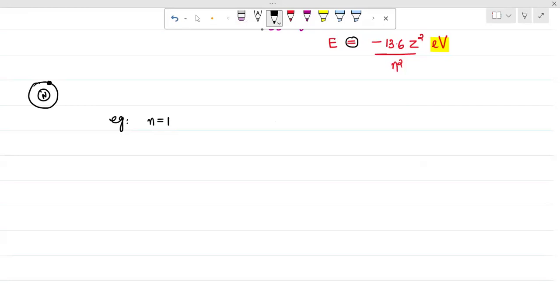So I'm not considering this factor of Z. So I'm writing it as proportional to minus 13.6 divided by n square. So all I know is n square and that they are inversely proportional. This much electron volts. Correct. So when I put this value of n equal to 1, my energy is somewhat equal to minus 13.6 electron volts. There will be some constant along, but let's leave that.